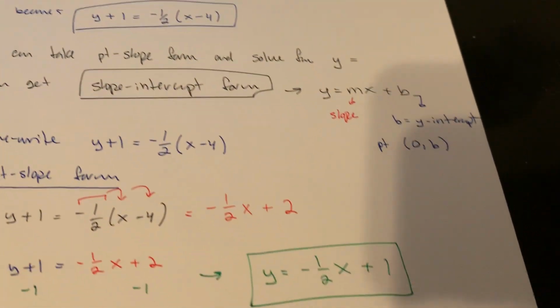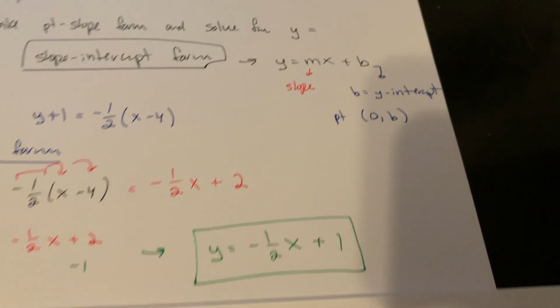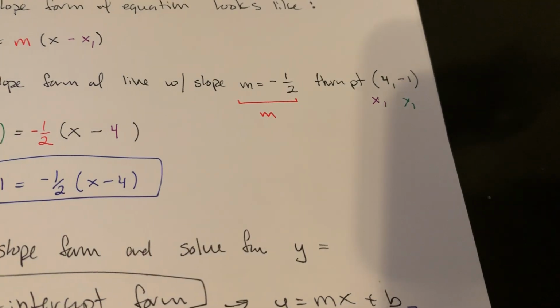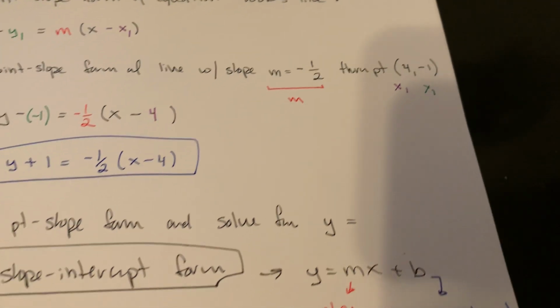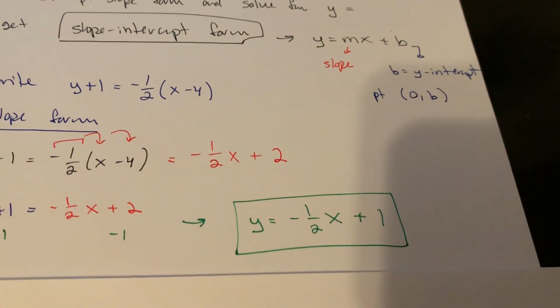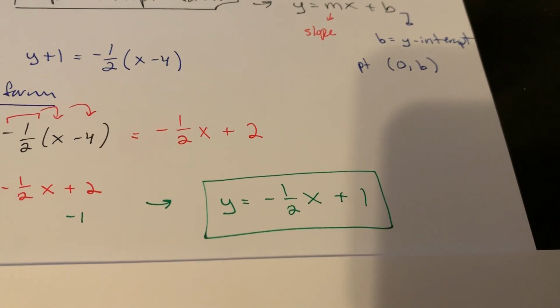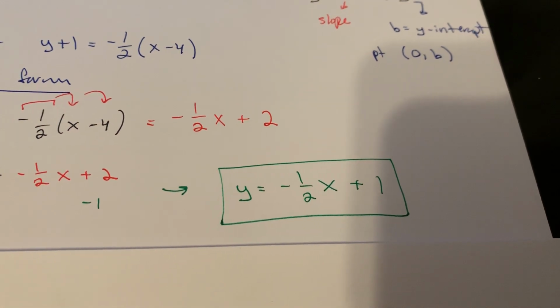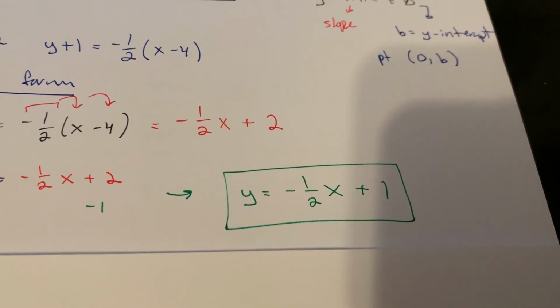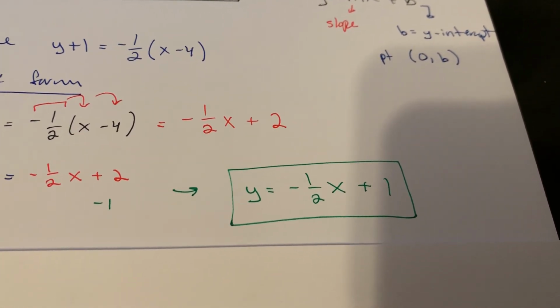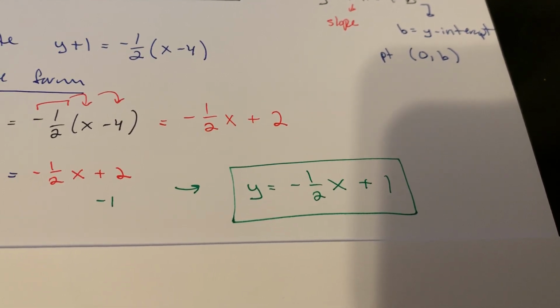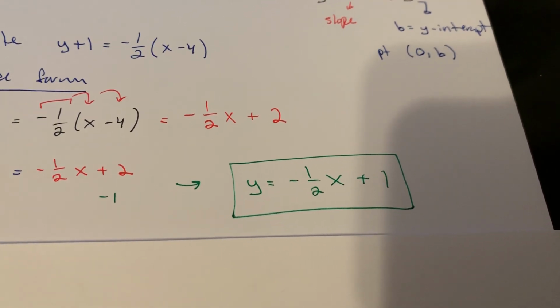That hasn't changed at all, so that's a good sign. And then we shifted from this random coordinate, 4, comma negative 1, through some steps, and ended up with this b value, positive 1. So the y-intercept here would be 0, comma 1, which is just 1 up from the 0, 0 at the origin, the center point.